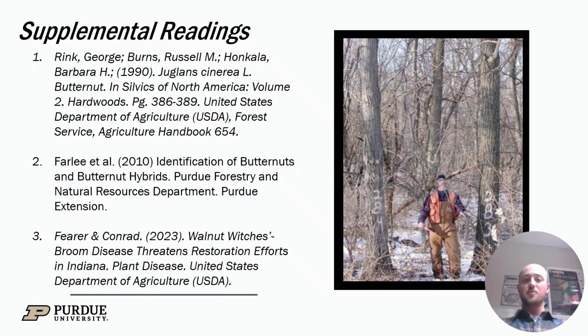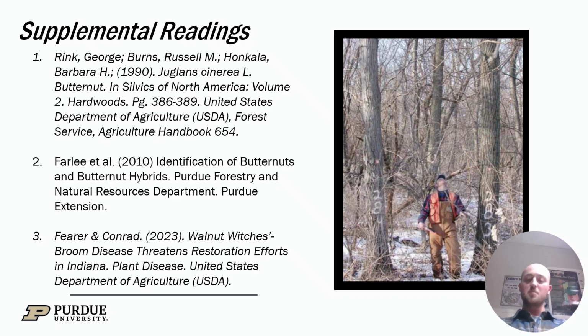Second, I chose a Purdue Extension article called The Identification of Butternuts and Butternut Hybrids, and this gives good context on how butternut canker disease developed and was introduced, as well as some of the hybridization between Japanese walnut and butternut and how to identify those hybrids.